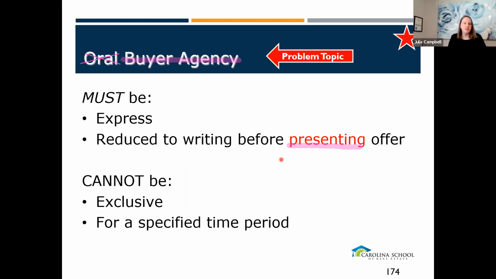So commission rule says we can work under an oral buyer agency agreement at first. The latest possible time to put that thing in writing is before I present an offer on their behalf. But if I demand exclusivity or if I attempt to bind them for a period of time, then we have to put it in writing before we present the offer.